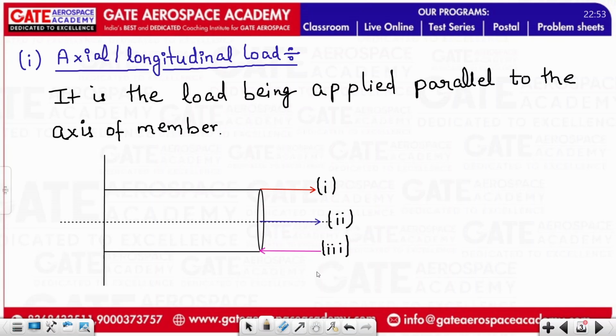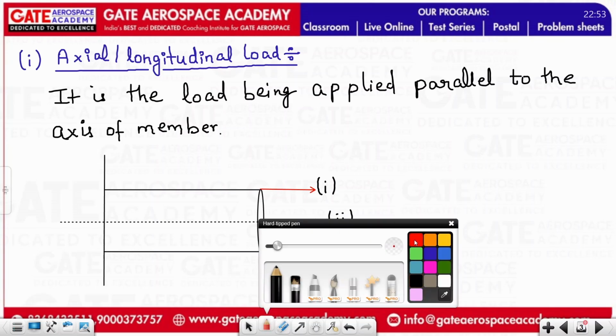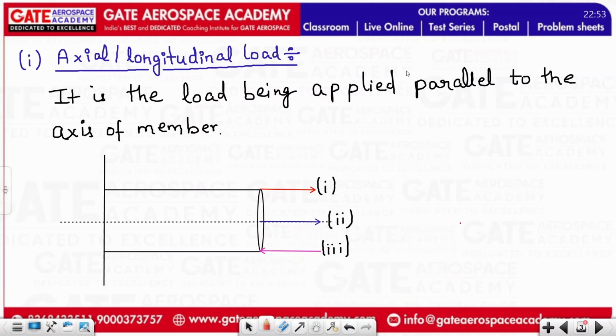In all these 3 cases, you will see that the load is applied parallel to the axis of the member. So here this is the axis of the member. This is known as your axis or longitudinal axis. You can see that here the load is applied actually parallel to the axis of member.